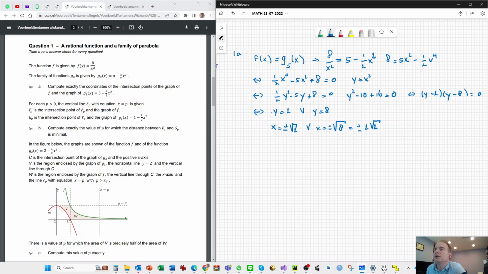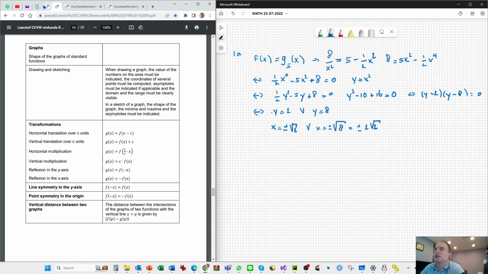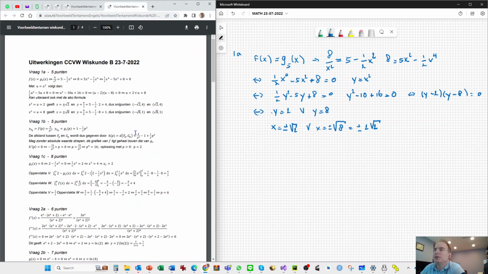Is there anything about domains or stuff? Also check that x is not equal to 0. So let's compare the solutions. Have them open here.